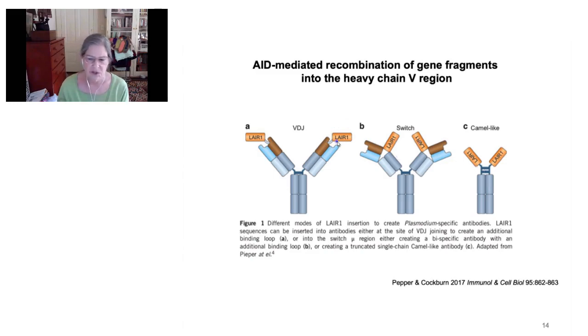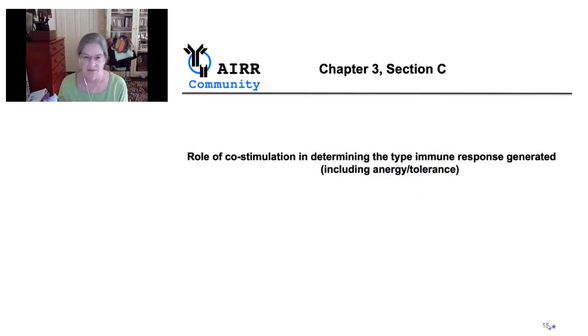So if you're interested in that, you can read about it here. I'm not going to go into it too much, but it looks like it's fairly common when it comes to certain kinds of parasitic infections. Again, a very strange thing that the immune response does.